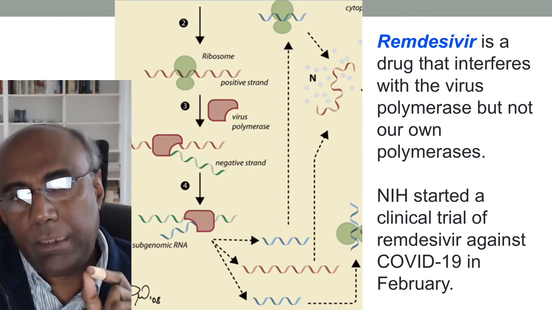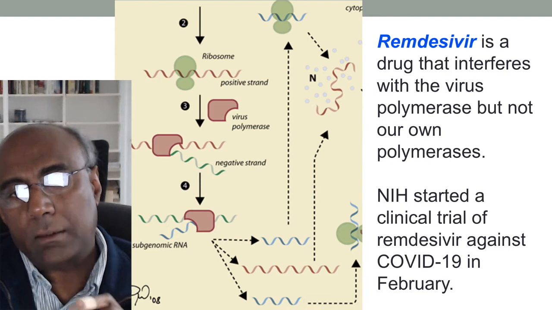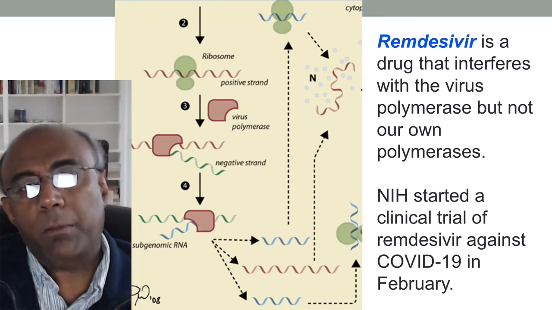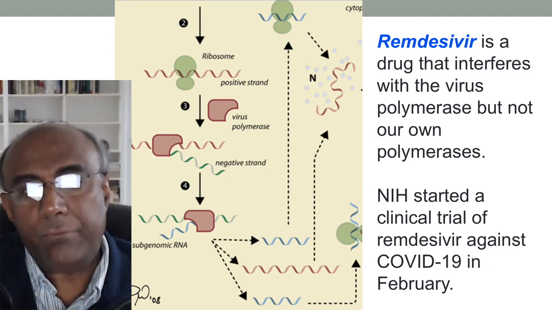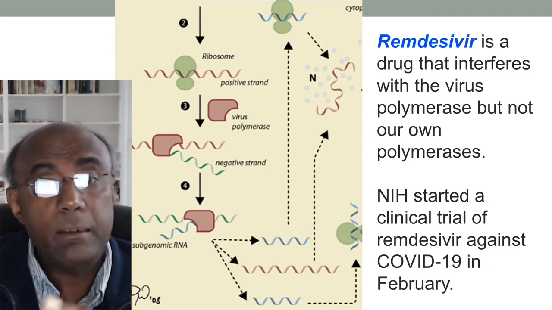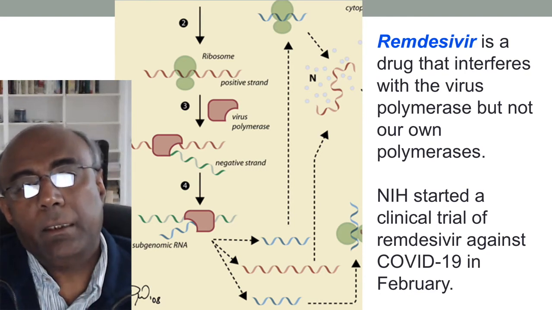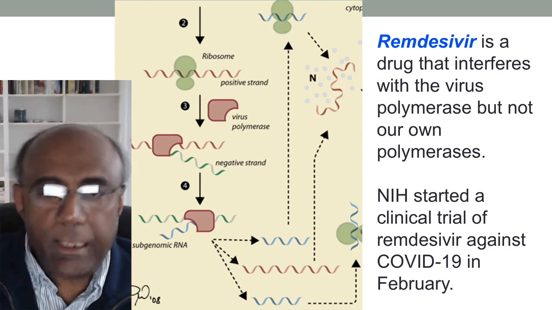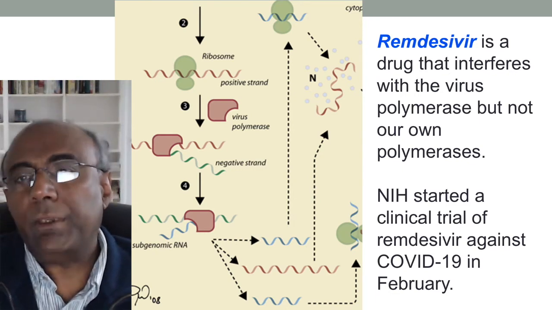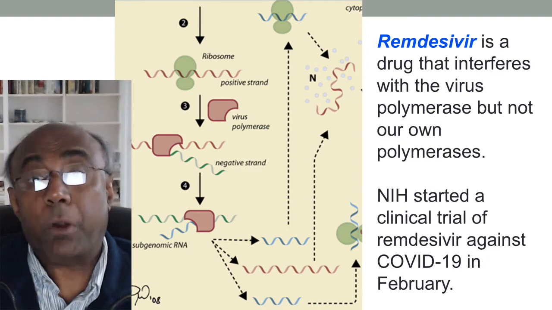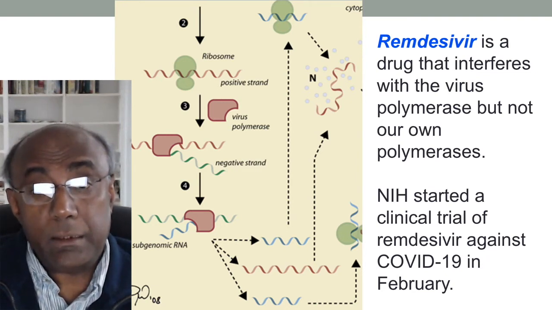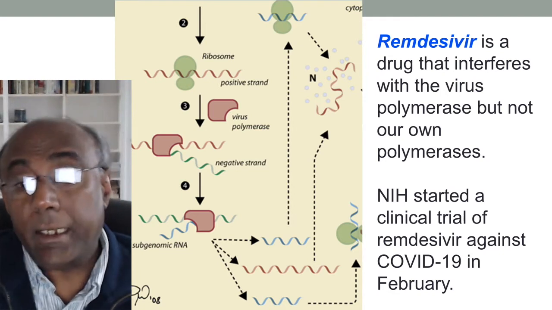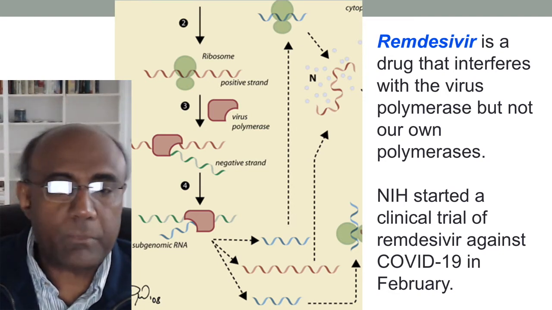So if you can find a drug that will interfere with the virus polymerase only, but leave our own polymerases unaffected, then we have a possibility of maybe reducing the virulence of this virus. And yes, there is one, and that is remdesivir. That drug shows promise to interfere with the virus polymerase, but not our polymerases. And the NIH started a clinical trial for remdesivir in February.